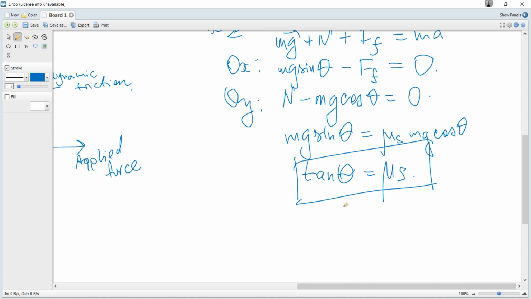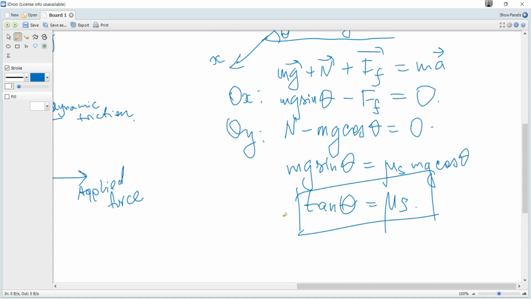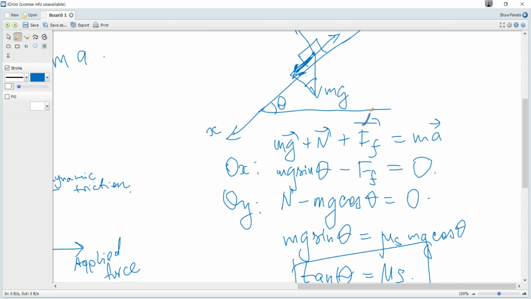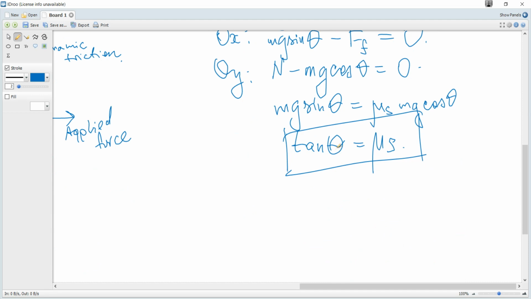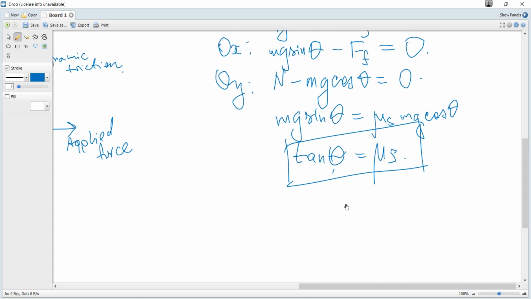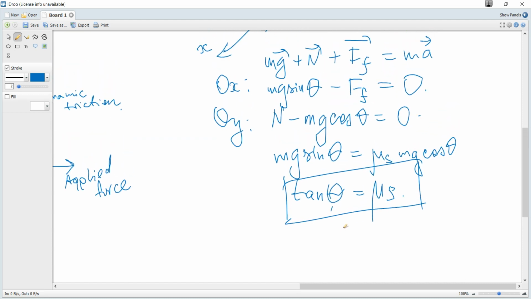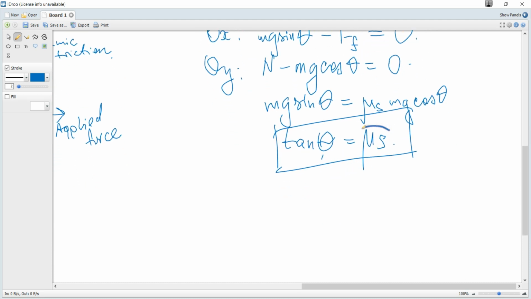If you increase angle theta, when theta is less than this critical angle, it doesn't slide, and when theta is greater than this critical value, it will move downwards. Or you may calculate, for a given angle, the coefficient of static friction required so that it doesn't slide.